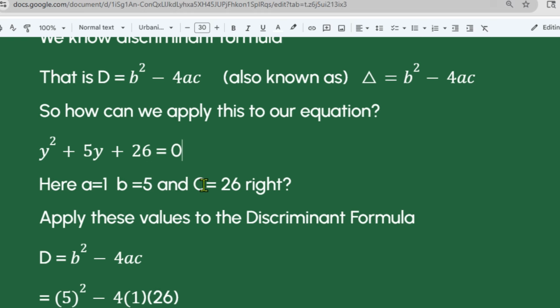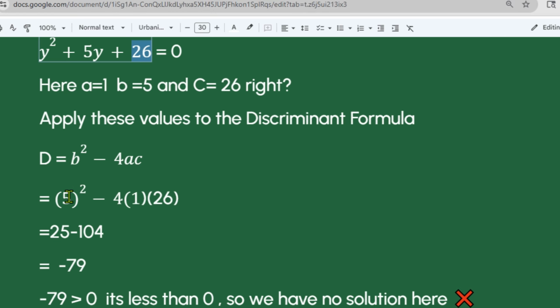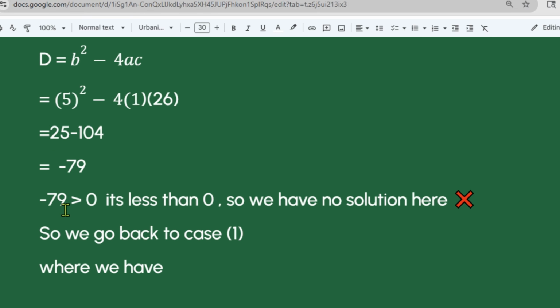Apply these values to the discriminant formula, D equals b squared minus 4ac. D equals minus 79, which is less than 0, so we have no solution here.